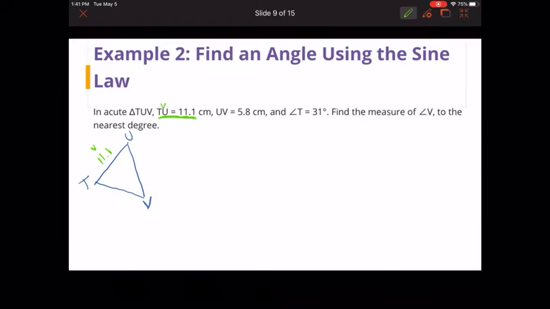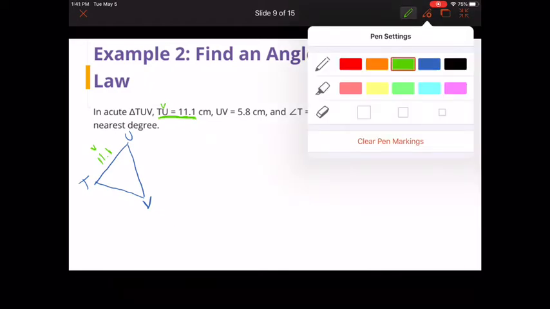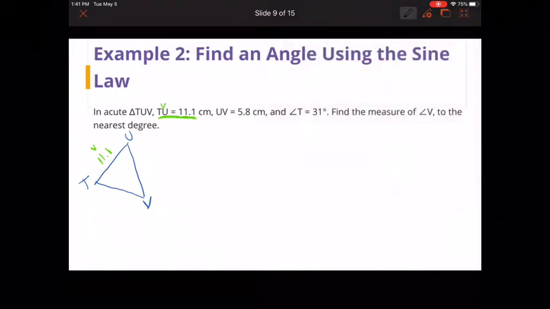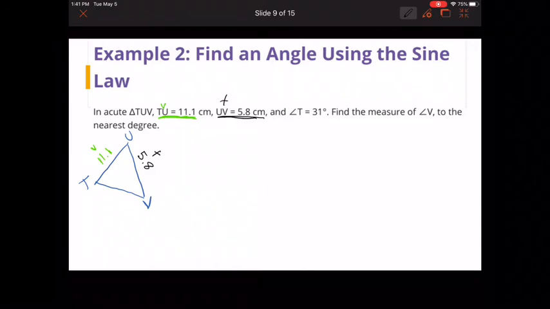UV is 5.8. UV is also small t. And angle T is 31 degrees. Like I said, you don't have to draw it so that it looks like 31 degrees. We're just making a diagram so that you understand.